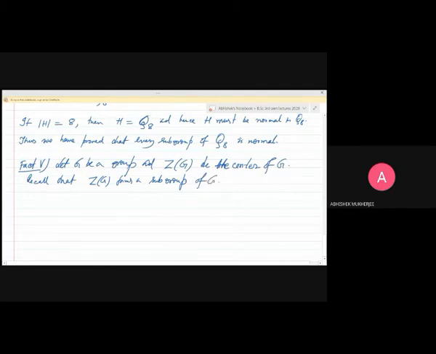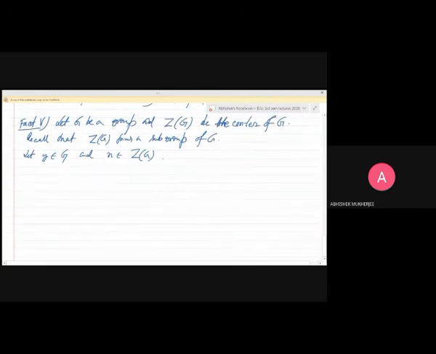Why? Because, let g be any element of capital G and n belongs to Z(G).